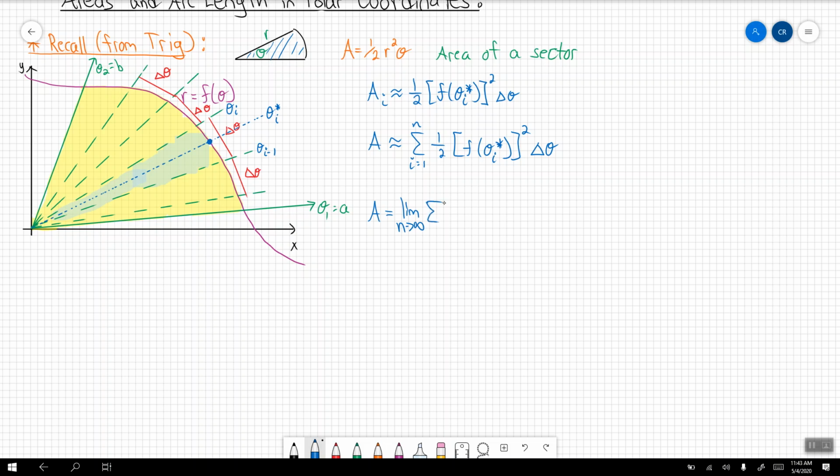So I'm going to take the limit as the summation goes from 1 to n of 1/2 multiplied by the radii for each individual sample point, multiplied by delta theta. Well, this here kind of looks like that Riemann sum.